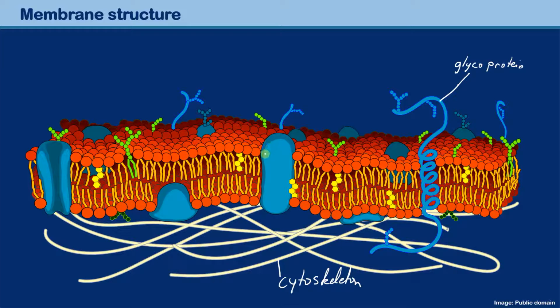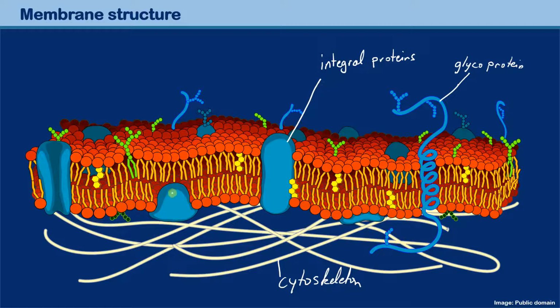Some of the proteins you can see are embedded in the phospholipid bilayer, and these proteins which are embedded completely are referred to as integral proteins. I've seen some textbooks also refer to them as intrinsic proteins, but we stick to the integral proteins for right now.